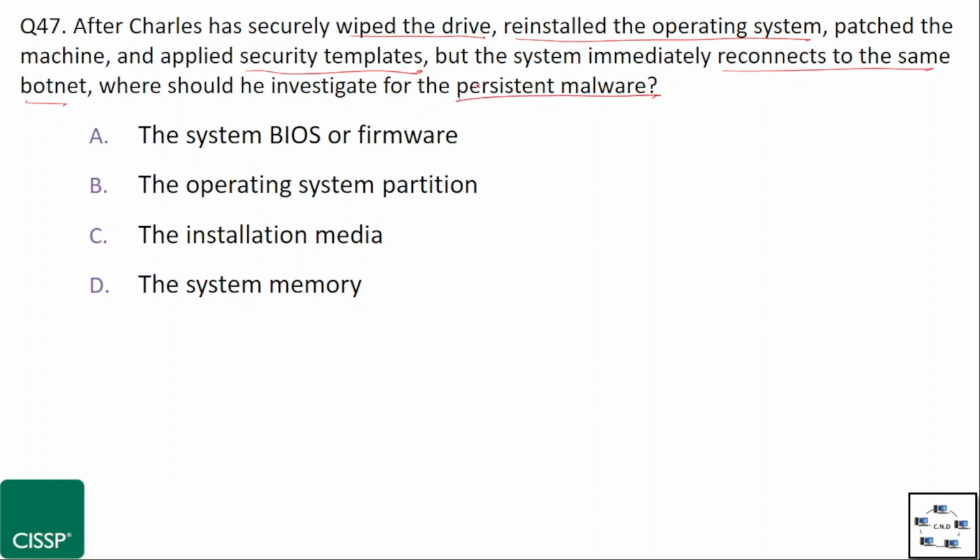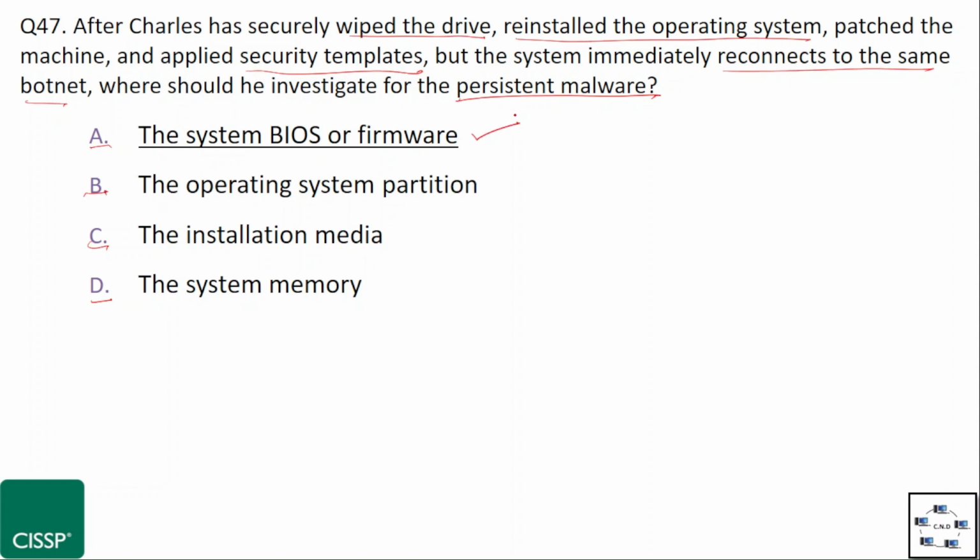So even after reinstalling the operating system and wiping the hard drive, the malware still exists. What's the reason? Options are: option A, the system BIOS or firmware; option B, the operating system partition; option C, the installation media; and option D, the system memory. And the correct option is the system BIOS or firmware.